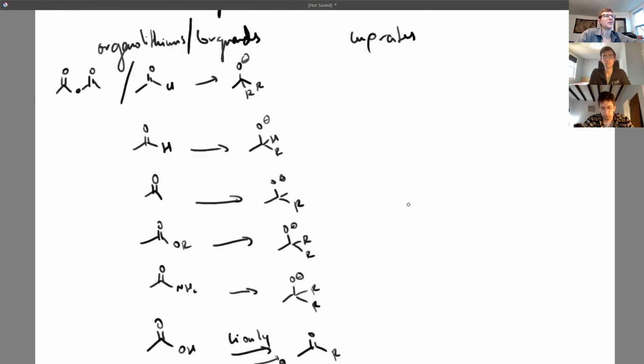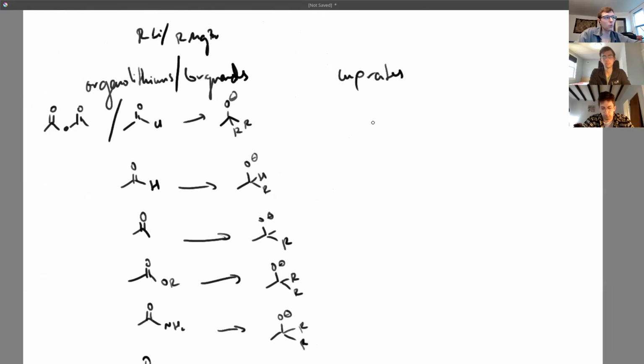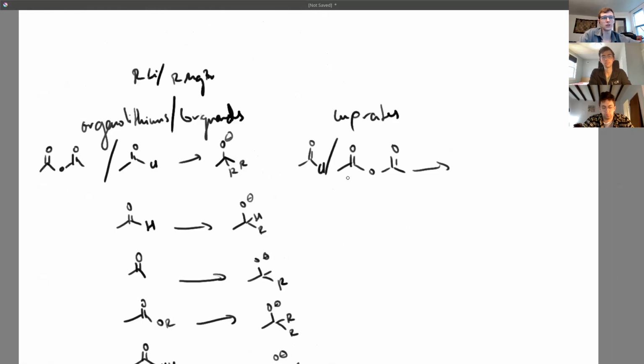Okay, so that's that. Cuprates at doing all these reactions really suck. So if you give it an acid chloride or an anhydride, let's just do CuLiR2, sure.